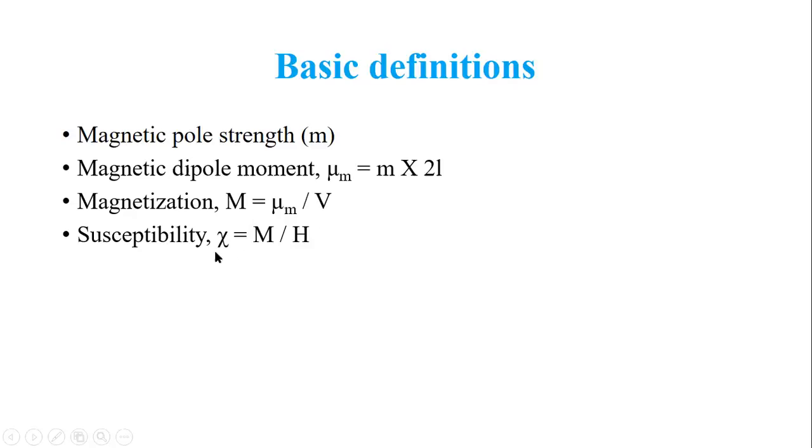So thereby this parameter is given the name susceptibility. The literal meaning of susceptible is to get influenced by. So what is it that is influencing here? We have a magnetic material, and our externally applied magnetic field, the strength of the applied magnetic field, is trying to magnetize the specimen.